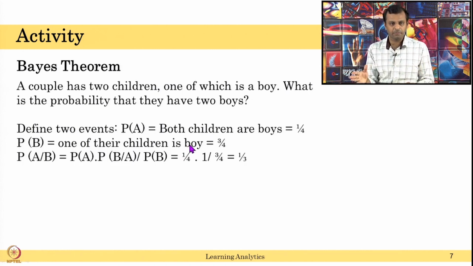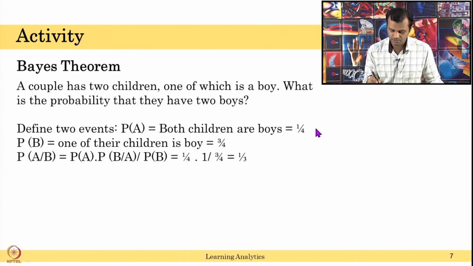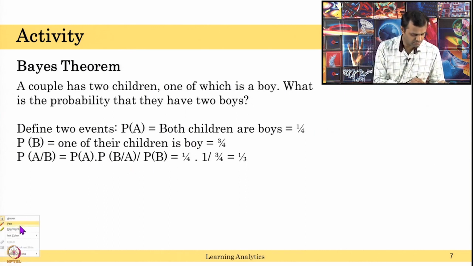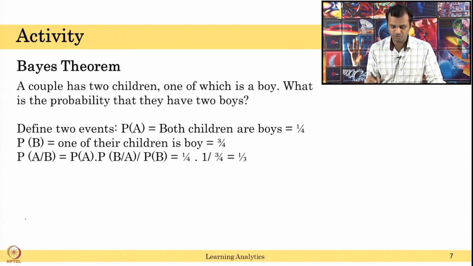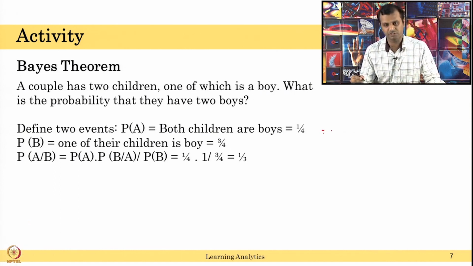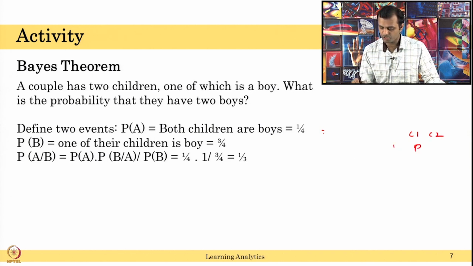You can simply apply the Bayes theorem: probability of A given B equals probability of B given A into probability of A, divided by probability of B. So, how did these numbers come? These numbers are very simple, right. For the probability that both children are boys, there are only 4 possibilities. Child 1, child 2: the first possibility is both are boys. The second outcome is first child boy, second child girl.